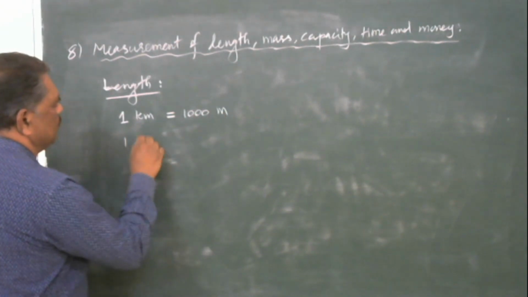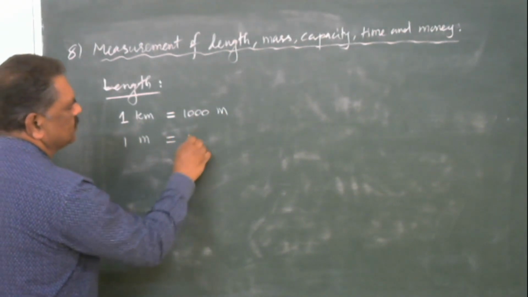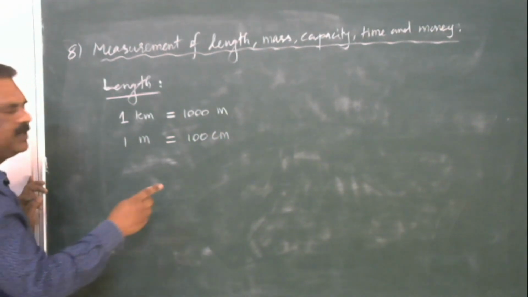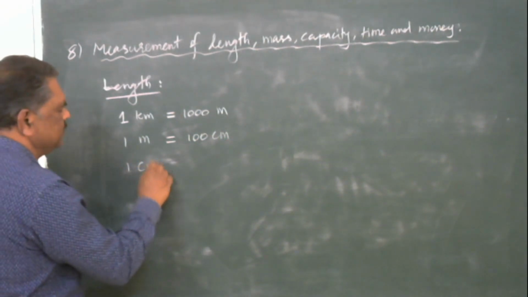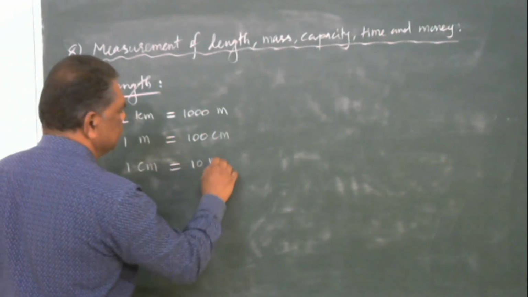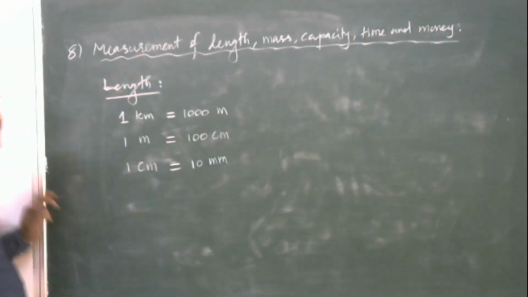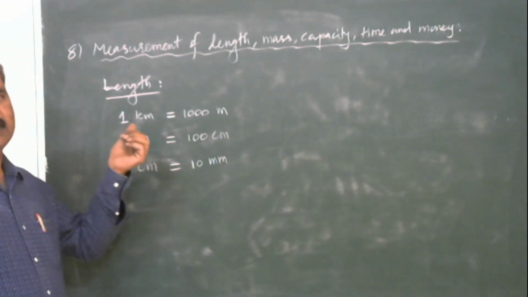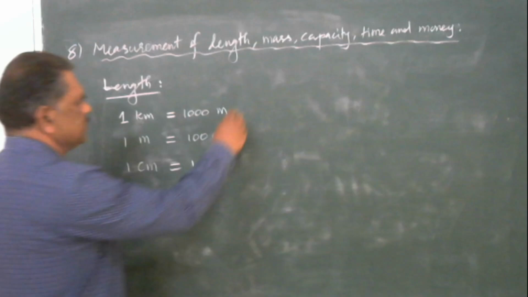And 1 meter is equal to 100 centimeters, cm. And 1 centimeter is equal to 10 millimeters. So millimeter is the smallest unit and kilometer is the largest unit that we will be using.